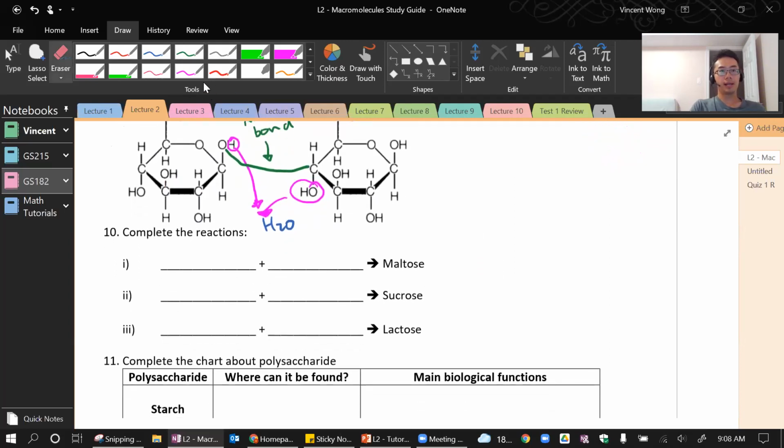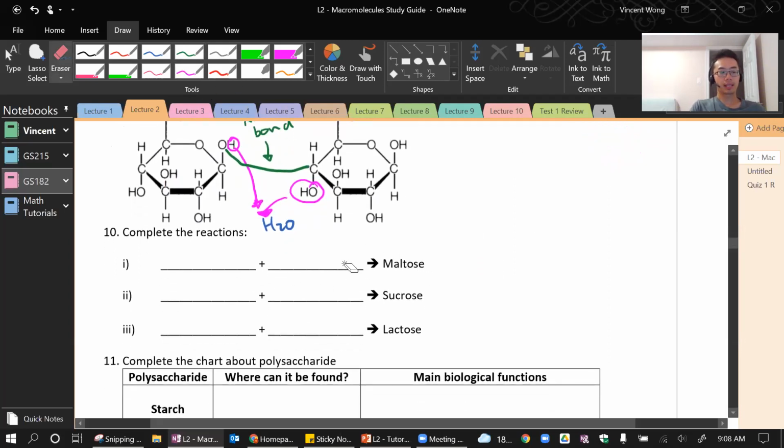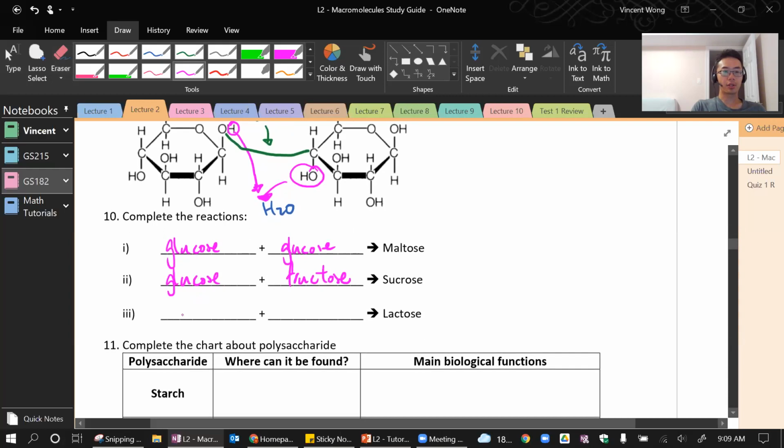Next, complete the reaction. If you take 2 glucose together, you will get maltose. If you look at the back of a candy bar, any candy bar, you will almost always see maltose. As we mentioned earlier, sucrose is a combination of glucose plus fructose, and lactose is glucose plus galactose.